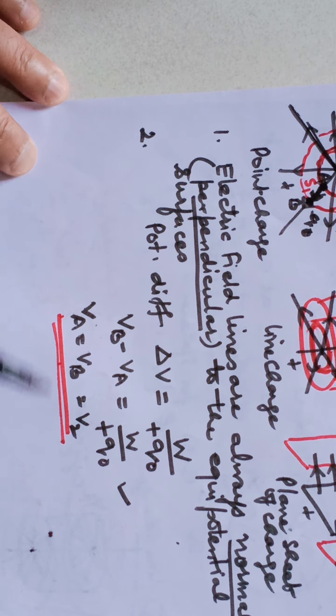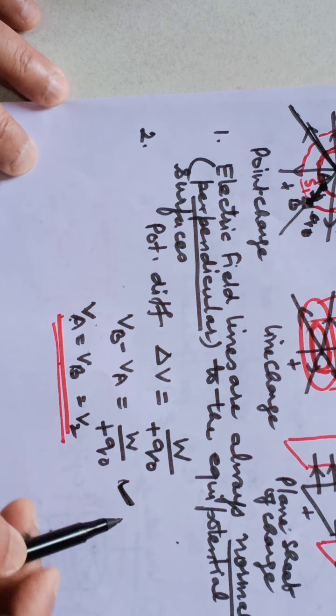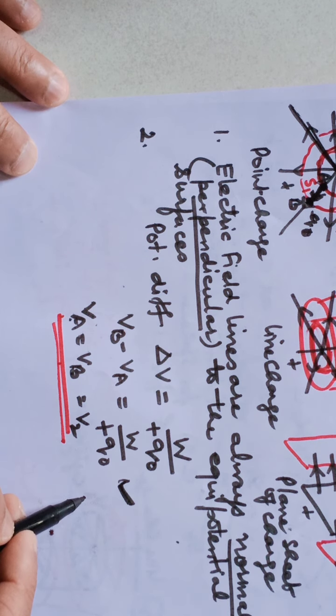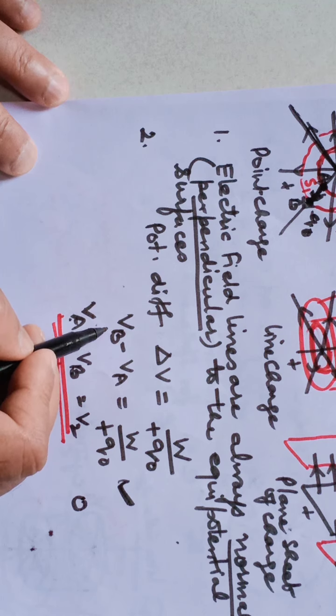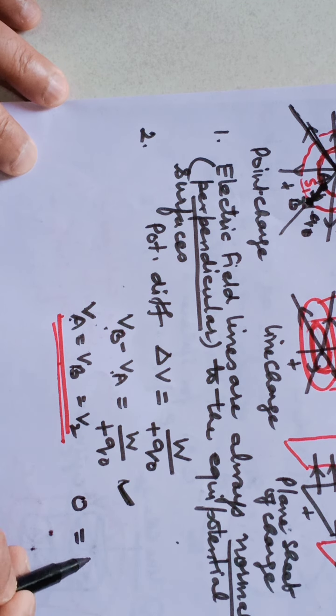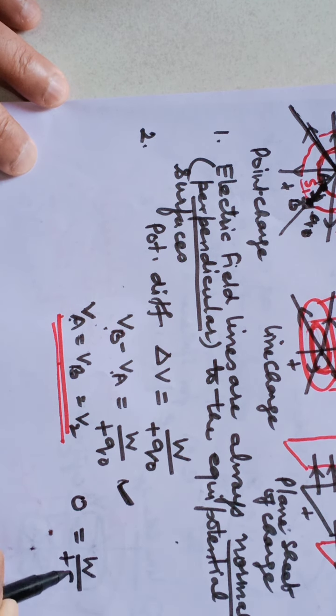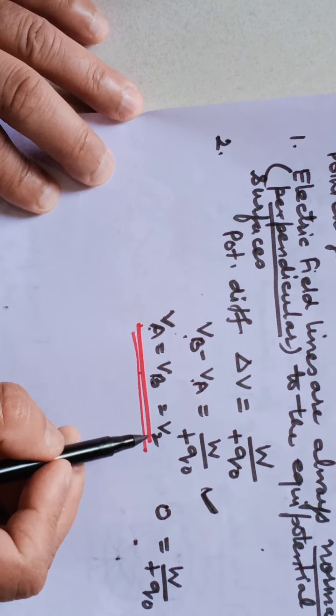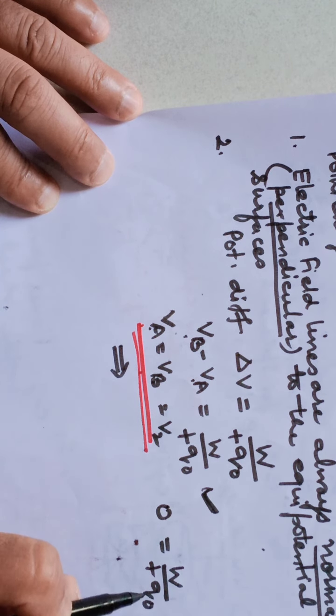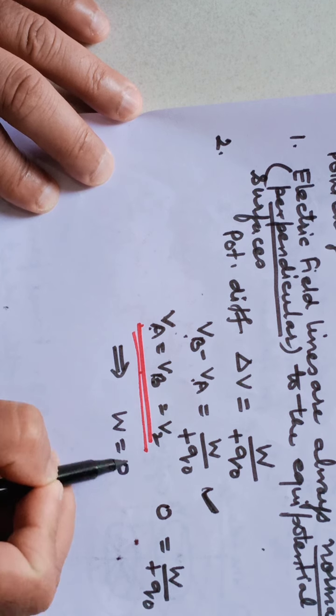Let us put VA equal to VB equal to V2 in this expression. So we have 0, because VA is equal to VB. 0 is equal to W upon test charge, and this concludes that W is equal to 0.